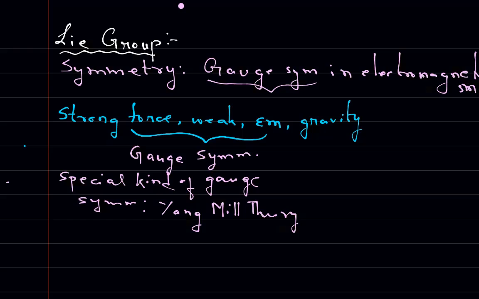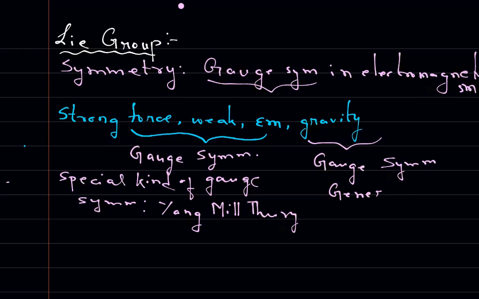Okay, so it is special in its own right. But this gravity, well, gravity also has this gauge symmetry in it, no doubt, but it is not of Yang-Mills type. And we have a different theory that describes gravity, which is the general theory of relativity.